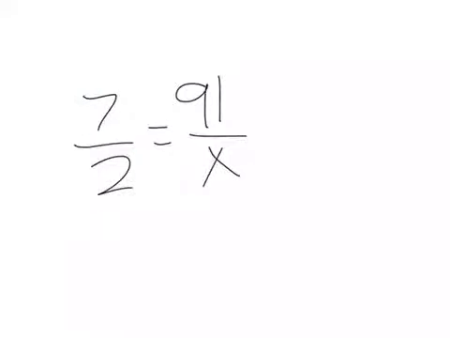This is the exact same equivalent ratio proportion that we just saw in our last slide, but it's written a little bit differently. That's perfectly okay because in ratios, we know that the order that it's written in is very important. But as you can see, my 7 still lines up with my 91, my 2 still lines up with my x because those represent the same values. Maybe 7 and 91 are my wholes and 2 and x are my parts, whatever it may be. I can still solve this the same way.